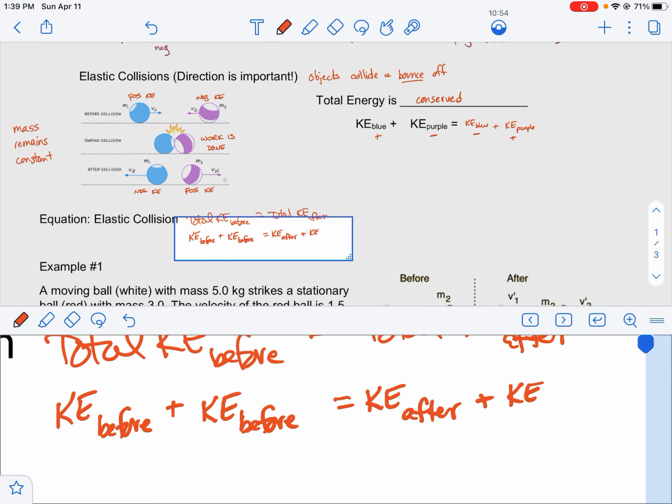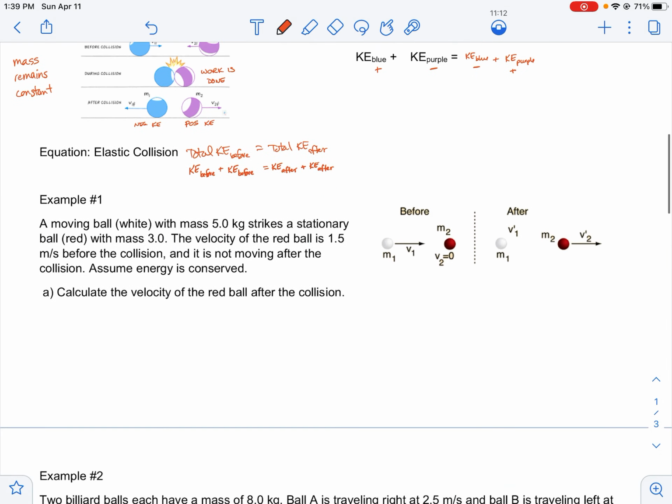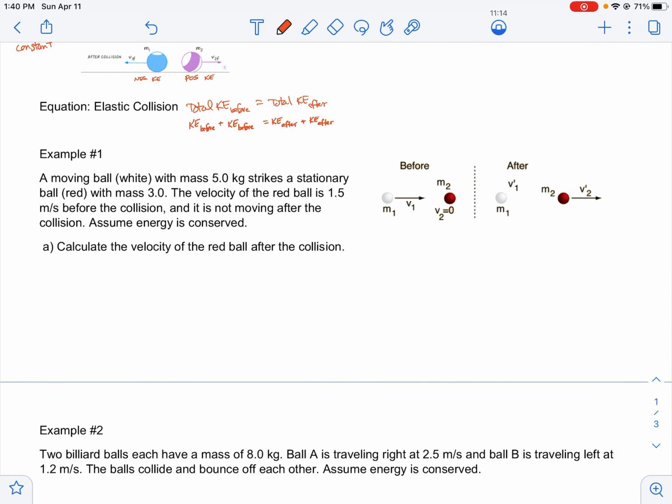Balls or boxes or whatever, cars, trains, whatever, right? The total kinetic energy before is equal to the total kinetic energy after. And we can look at the whole system, or we could look at each object individually. All right, so let's do an example problem and see how this works.